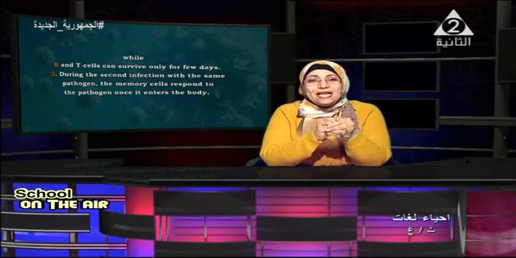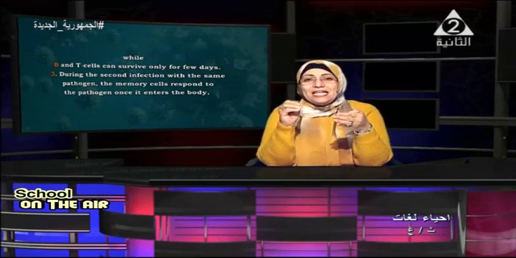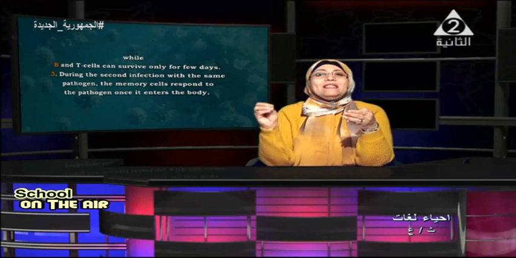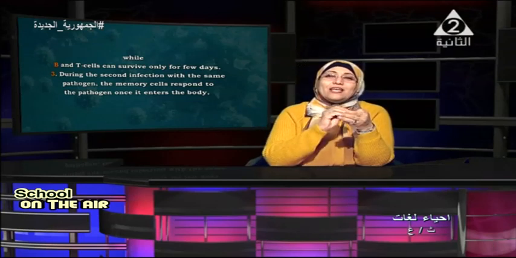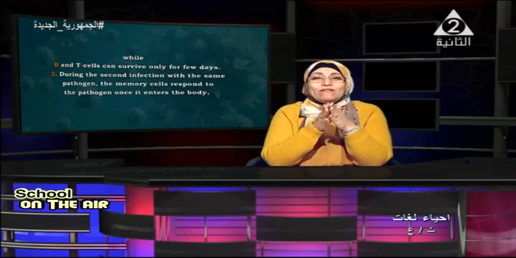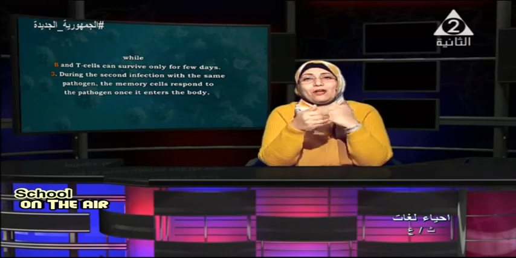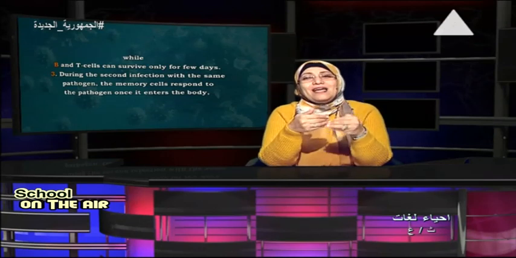This memory cell keeps the antibodies against the antigens of measles. When it infects the body again, the body produces antibodies to kill the measles. So infection by measles happens once during your life, but infection by influenza many times.